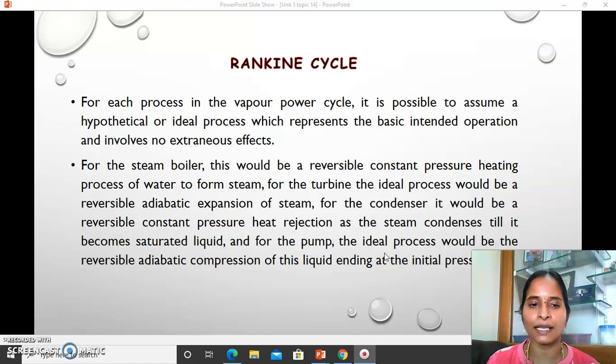We can take it as a standard cycle for comparing with other cycles, right? Because only the Carnot cycle can yield maximum thermal efficiency, which other cycles cannot even reach or touch.